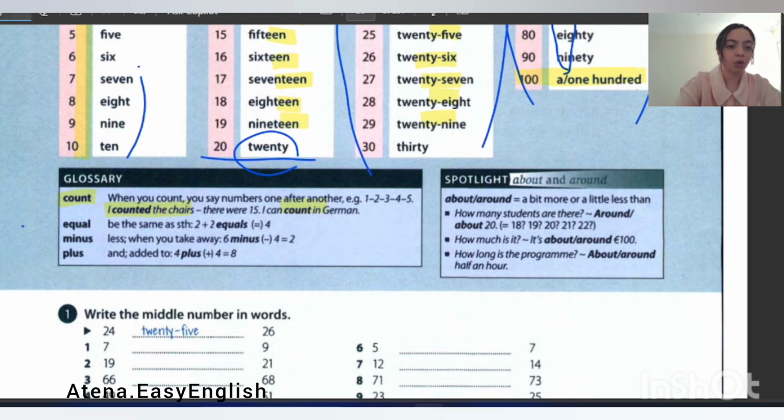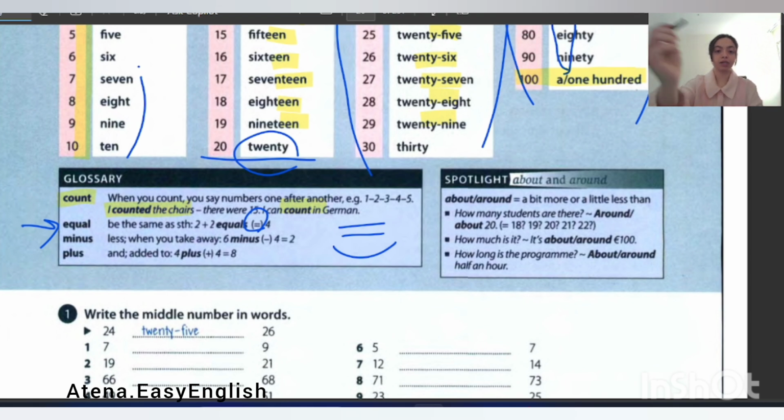Look at the next word, equal. Be the same as something that's equal. Look at the symbol in English math. It's equal. For example, 2 plus 2 equals 4. The next one is minus and then plus.